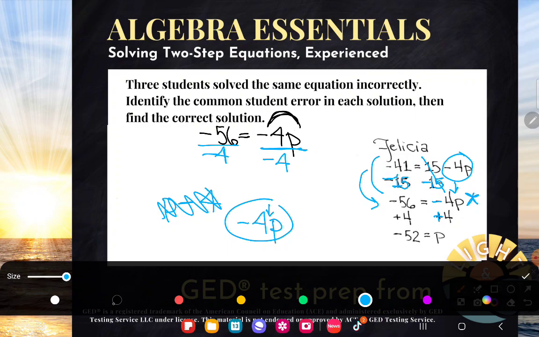And if you don't trust me, you can put it into your calculator and see what happens. If you do negative 4 divided by negative 4, you just get 1. So that's that idea that we just have one p. We have a single solitary p, and there it is. And now this is the work to do in your calculator. Negative 56 divided by not 4, but negative 4, and we get an answer of 14.